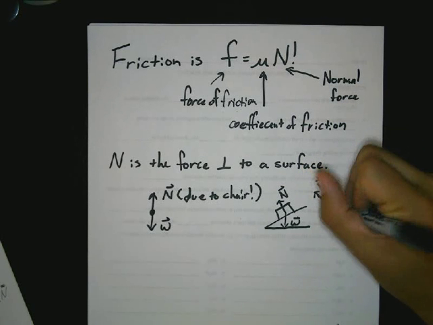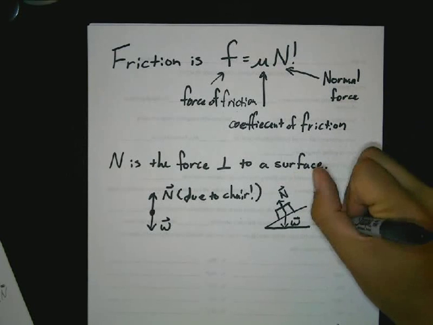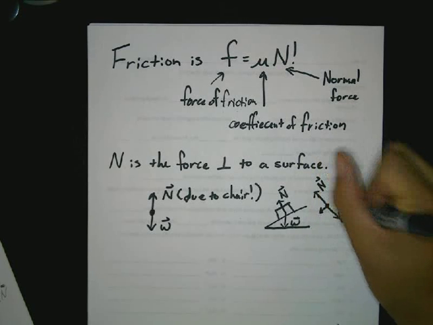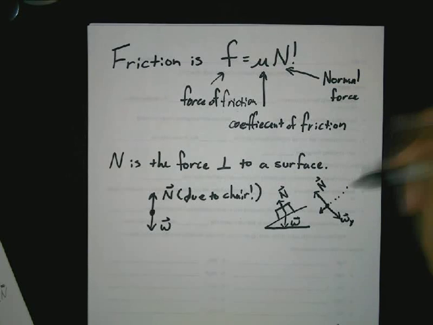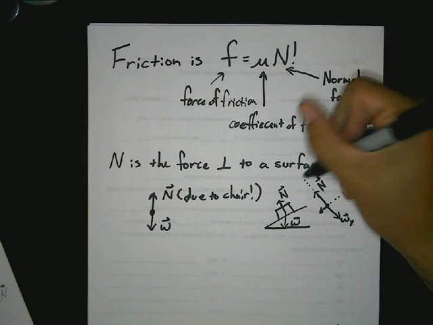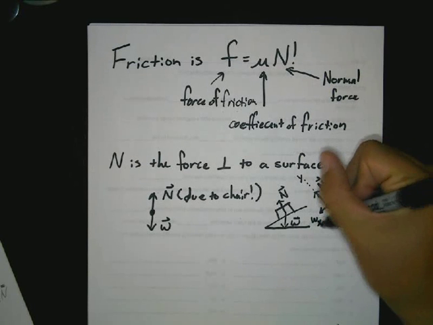I'm going to have a breakdown of weight. So I'm going to have weight in the y direction. We're going to consider this axis the y direction, and the horizontal to the plane the x direction. So that means that this is weight in the x direction.